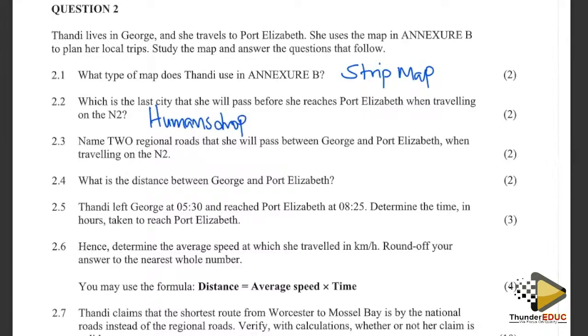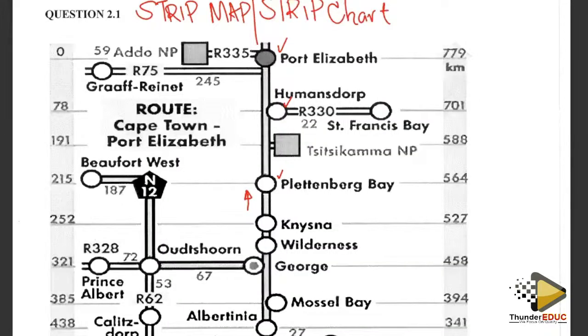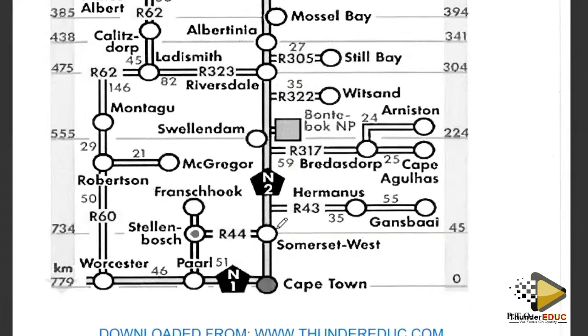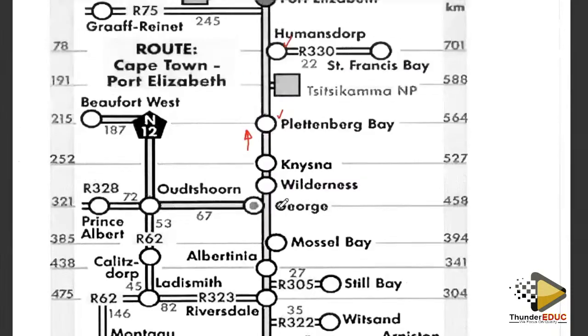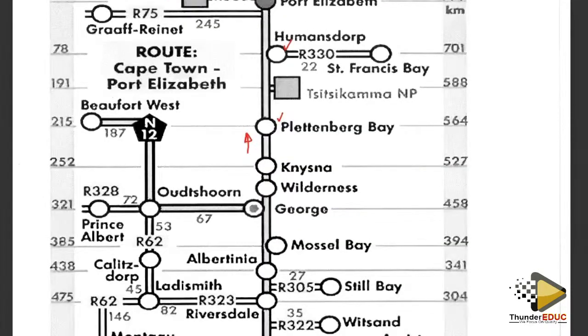Name two regional roads that she will pass between George and PE when traveling on N2. This is the N2, the middle line here. So George is here and PE is there.